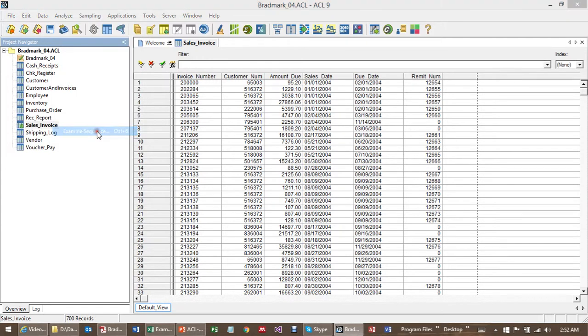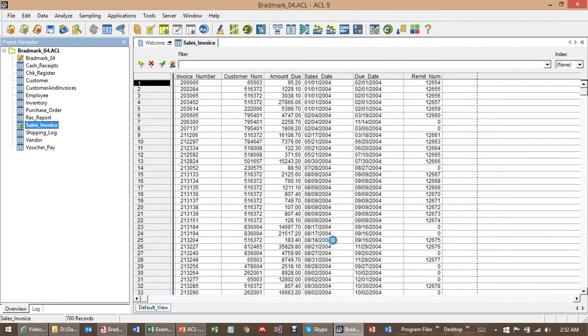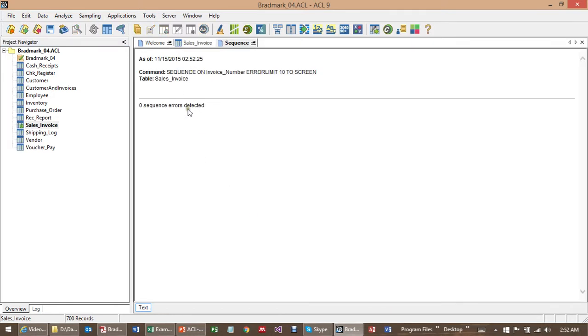Now because we are issuing invoices, the invoice number should be in sequence. We shouldn't have anything out of sequence. But when we look at that, we find nothing. So that looks good. That means that all our sales invoices are in sequence.